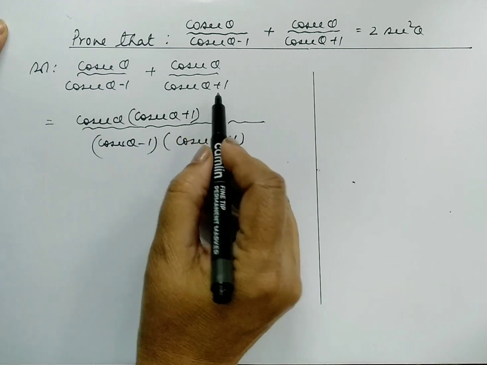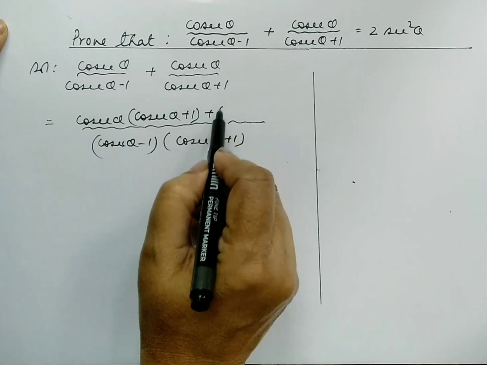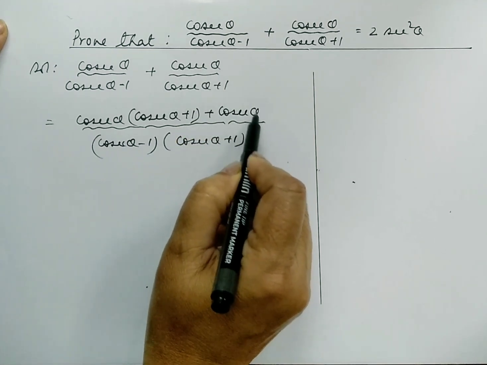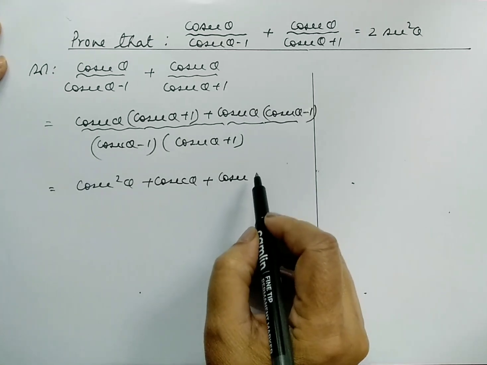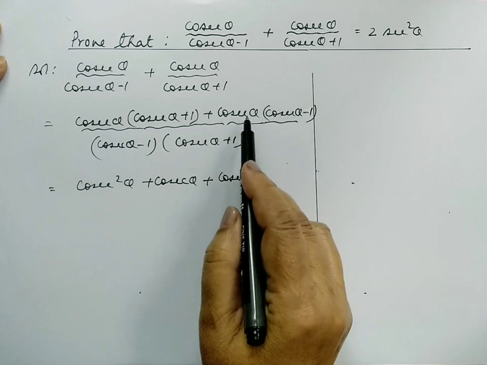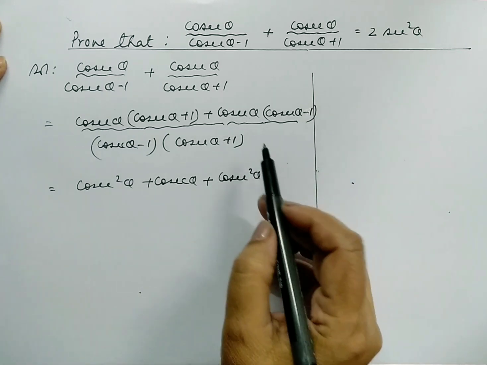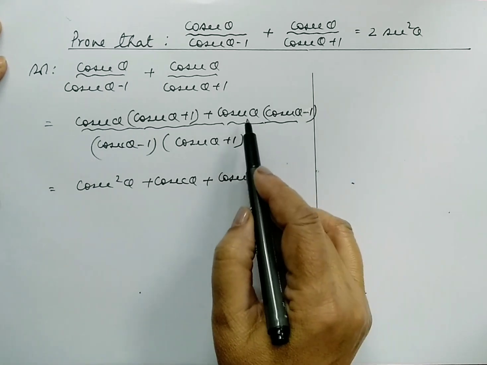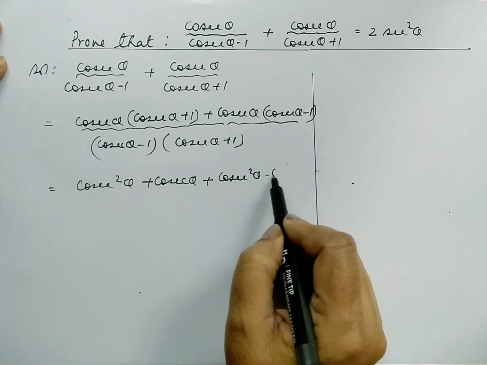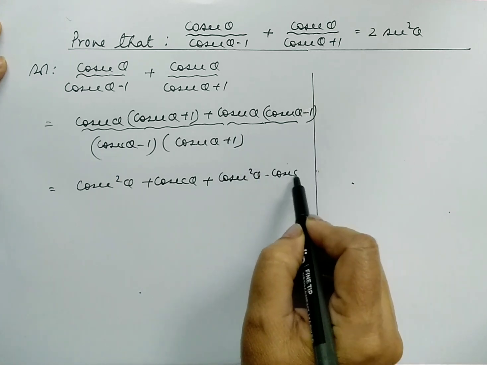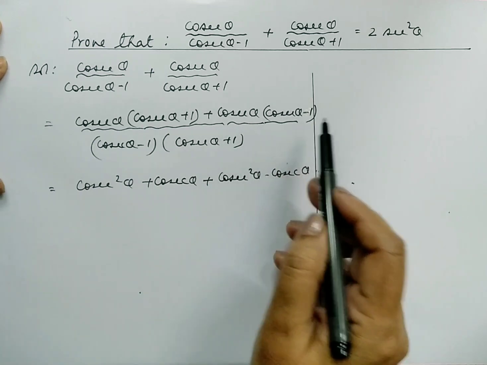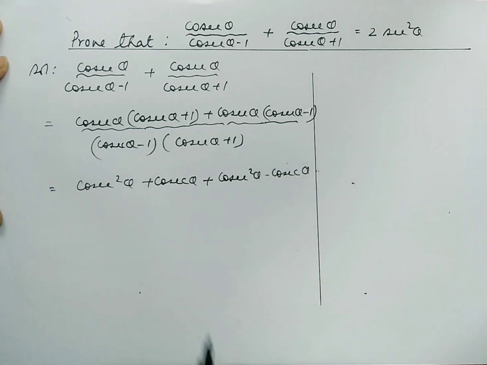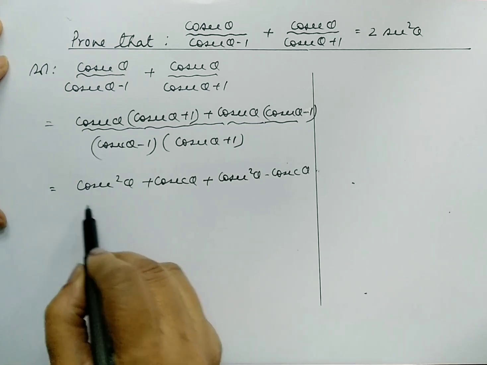Here the reverse. This multiplied by this is cosec square theta, and this as cosec theta, multiplied by a minus 1. Below, we'll keep it as it is.